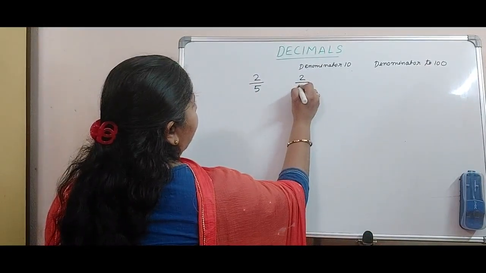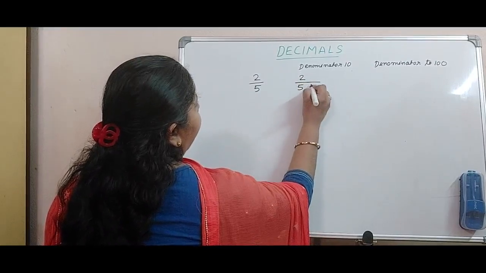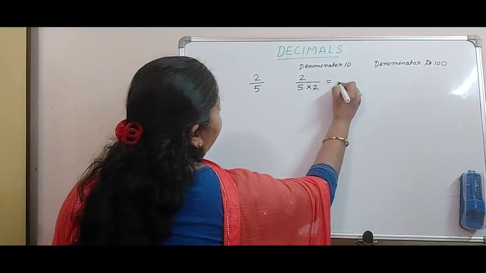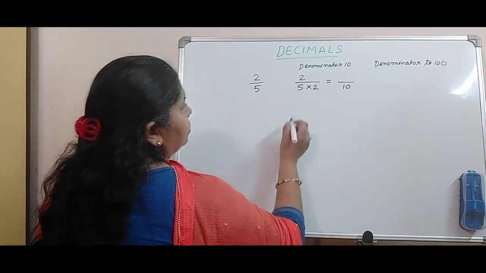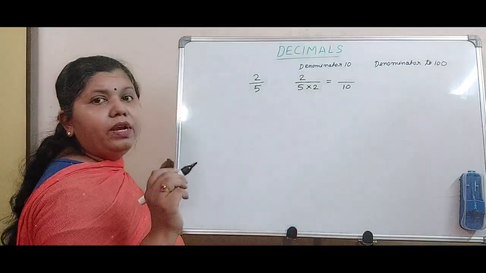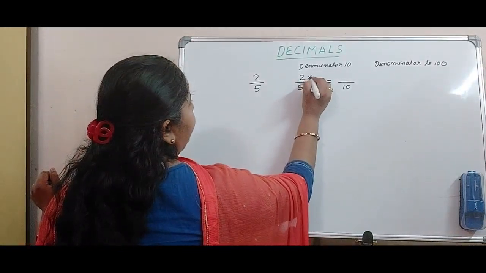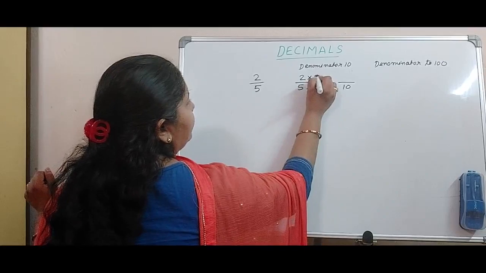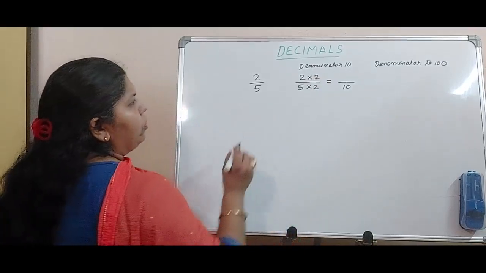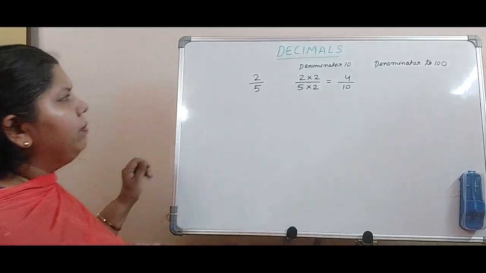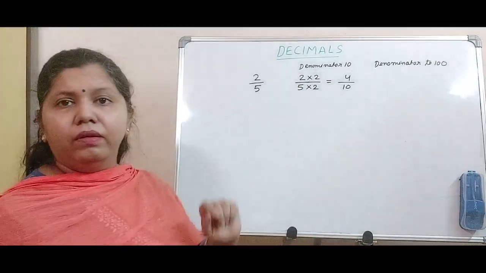So 2 by 5, let us multiply 5 by 2. So what will we get? We will get a denominator of 10. The concept of equivalent fraction is, if we multiply the denominator by 2, you have to multiply the numerator also by 2. So it will be 2 into 2, that is 4. So it will become 4 by 10.